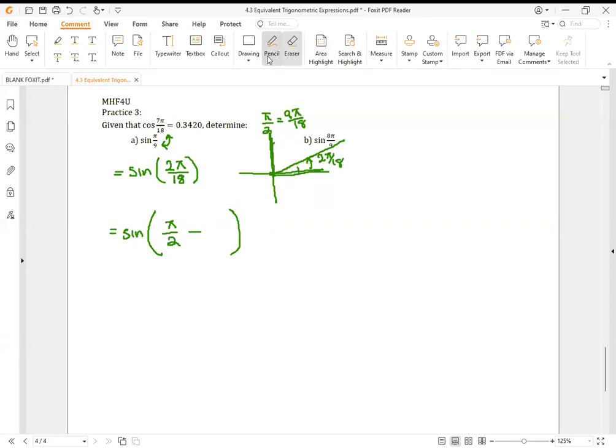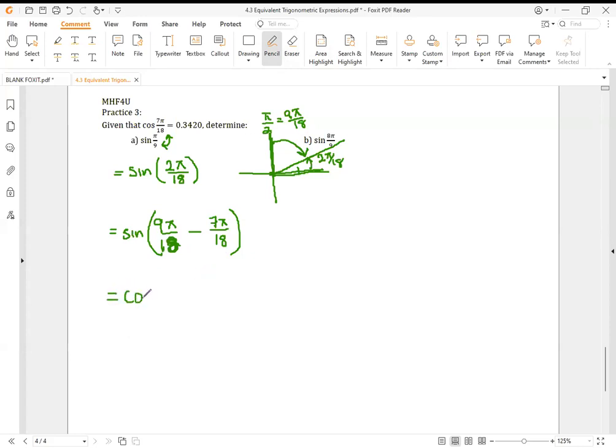So what is this portion out of 9 pi over 18? Yes, that's right. So 7 pi over 18 is 9 pi over 18 minus 2 pi over 18.